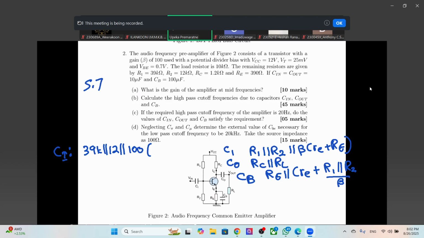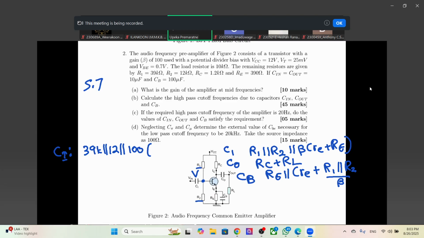So here when you calculate r_e, the easiest way to do this is to take R1 and R2 as a potential divider.